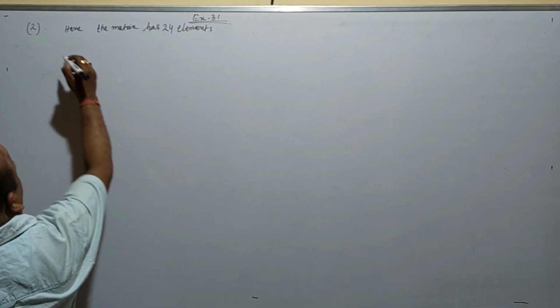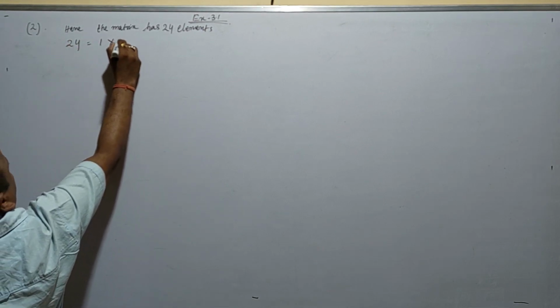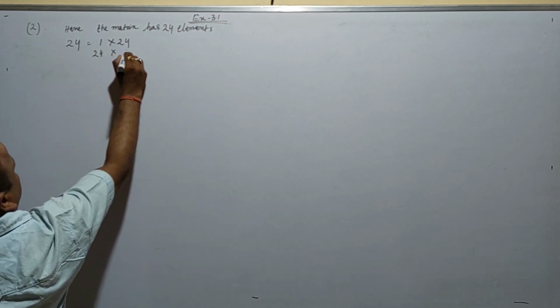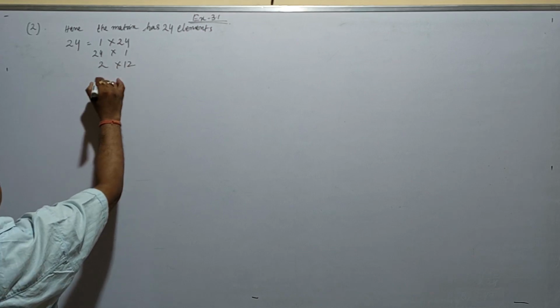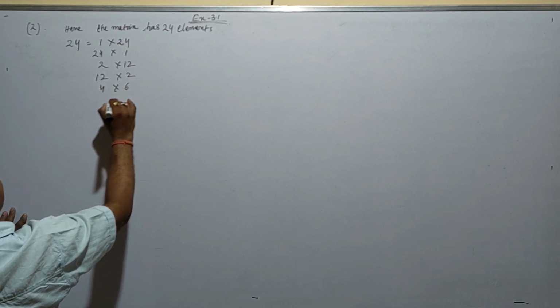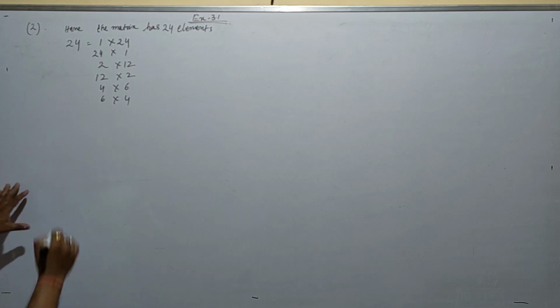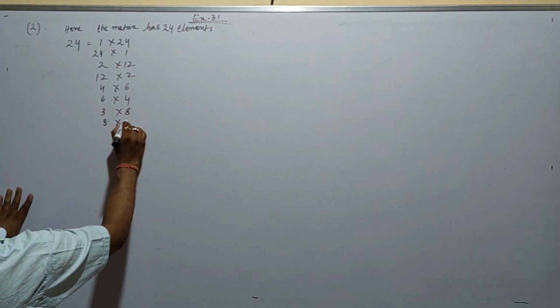So in place of 24, what you write? 1 multiply 24, also 24 multiply 1. Then 2 multiply 12, 12 multiply 2. Then 4 multiply 6, 6 multiply 4. Then 3 multiply 8, also 8 multiply 3.